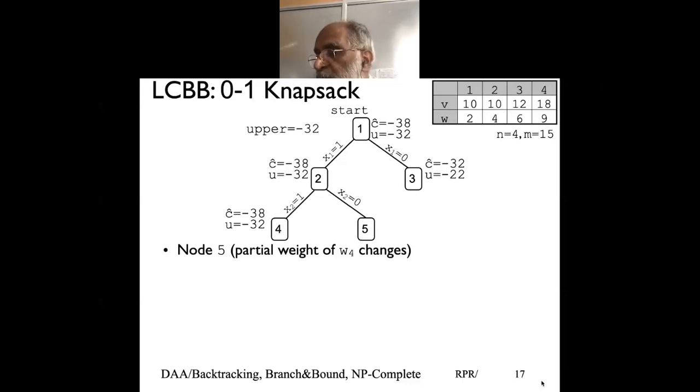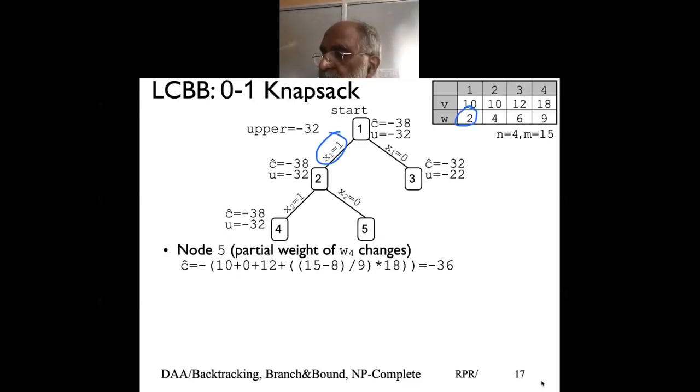Maybe it is tough, so let me look again. Because I'm including this weight, and we are excluding this weight, we are not including this weight. And then the next weight to include is 6, because we have to explore. So we include this. That means 10 comes from here, and this 12 comes from here.